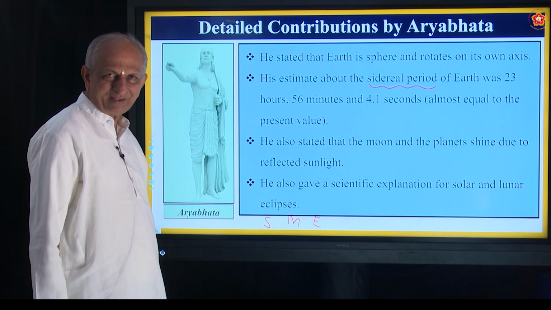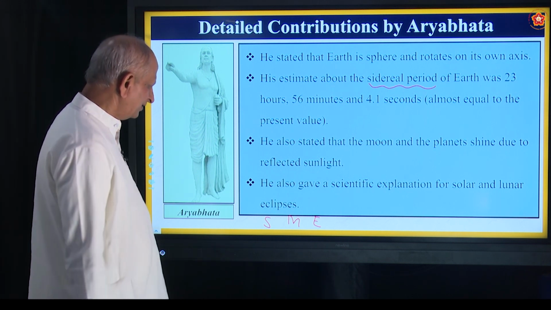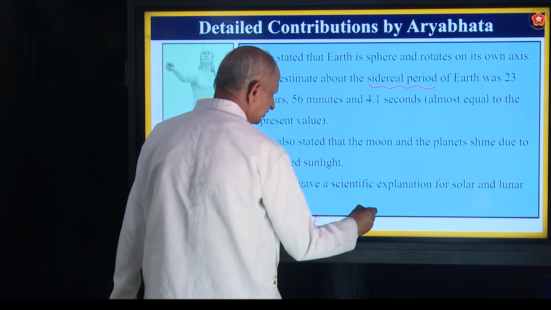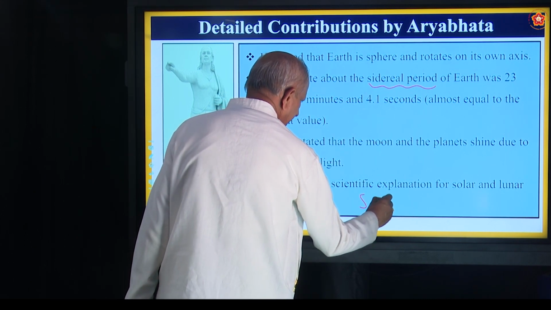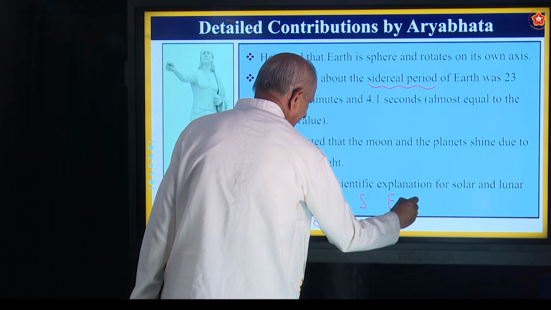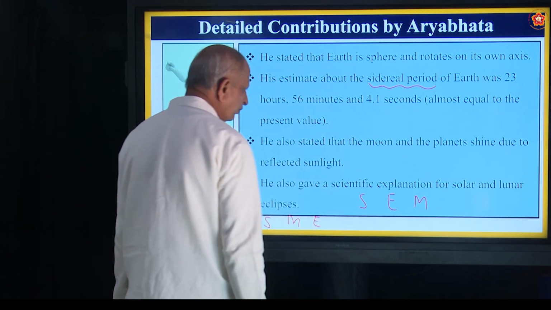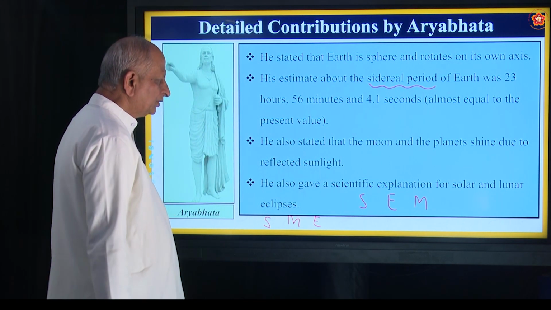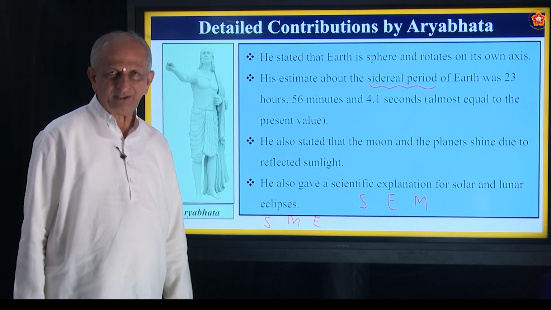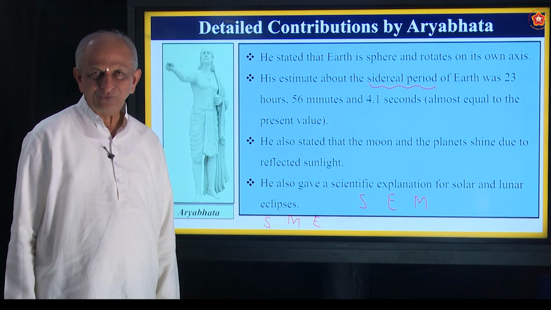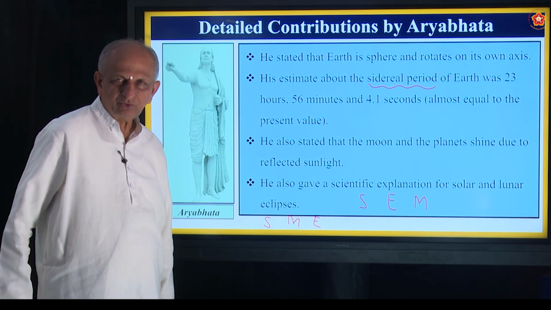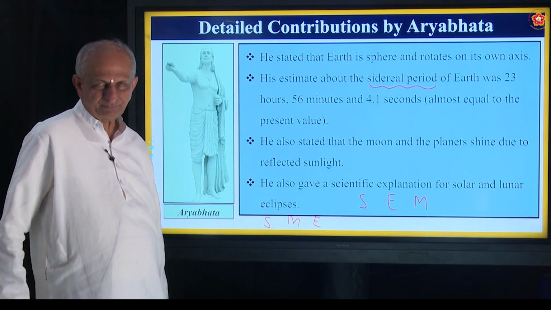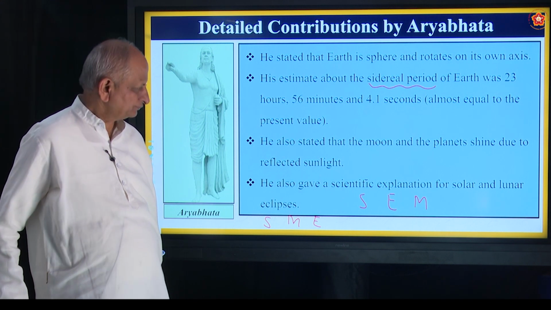You might have heard about that. Another eclipse is lunar. In a lunar eclipse, earth comes in between the sun and moon, and a lunar eclipse takes place only on the full moon day. A solar eclipse takes place on the new moon day, what you call Amavasya.